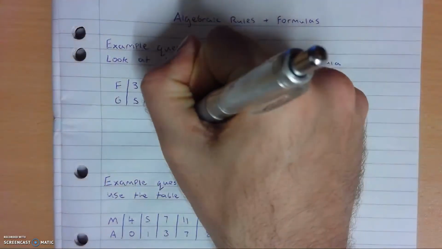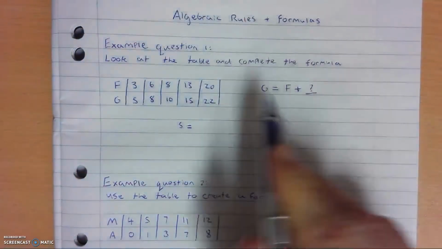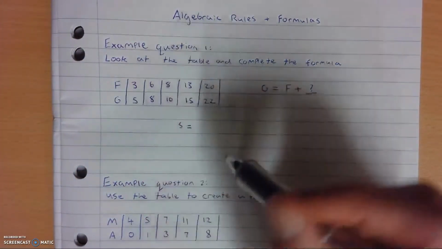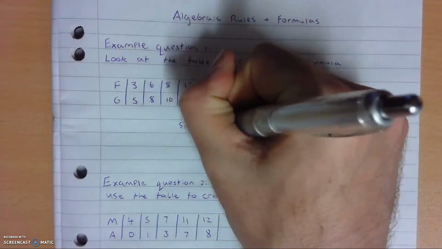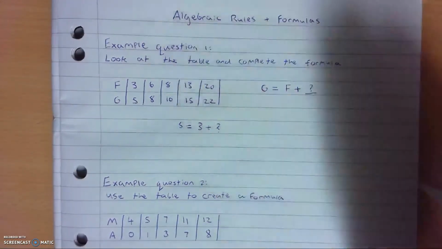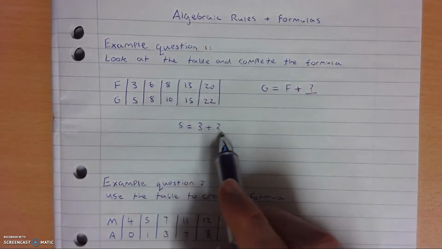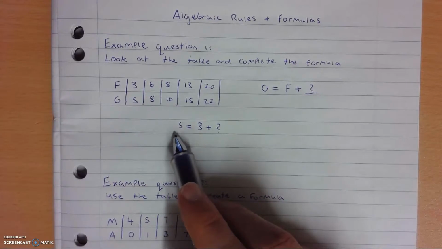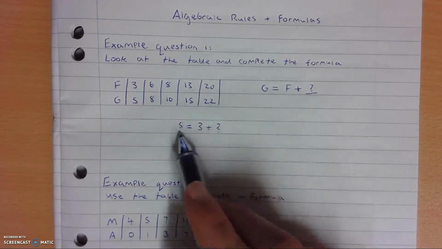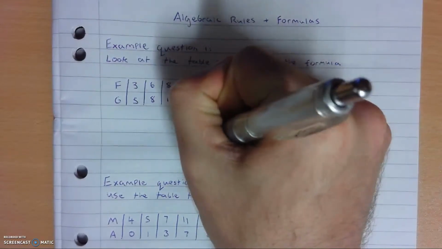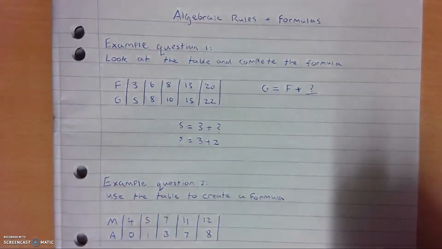So 5 equals, when G equals 5, F is going to equal 3, 3 plus something. So 3 plus what equals 5? I know that 3 plus 2 will equal 5. So 5 equals 3 plus 2.